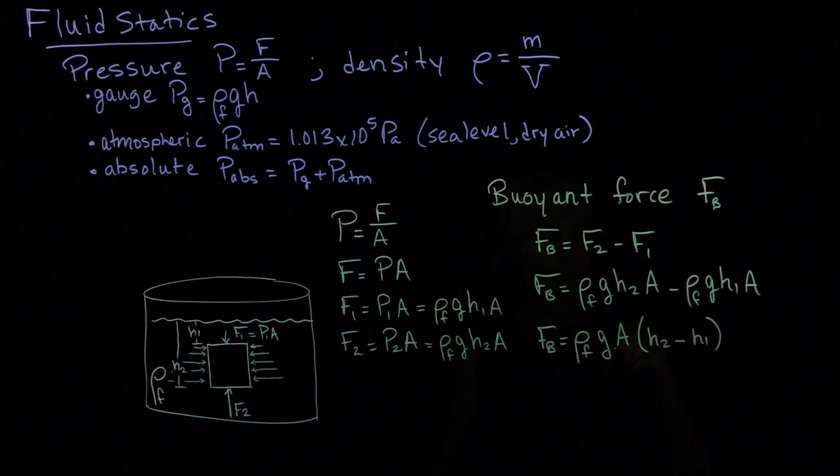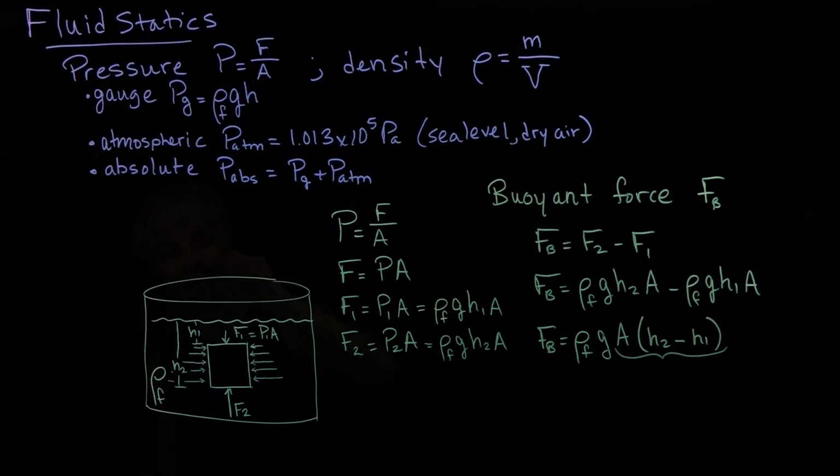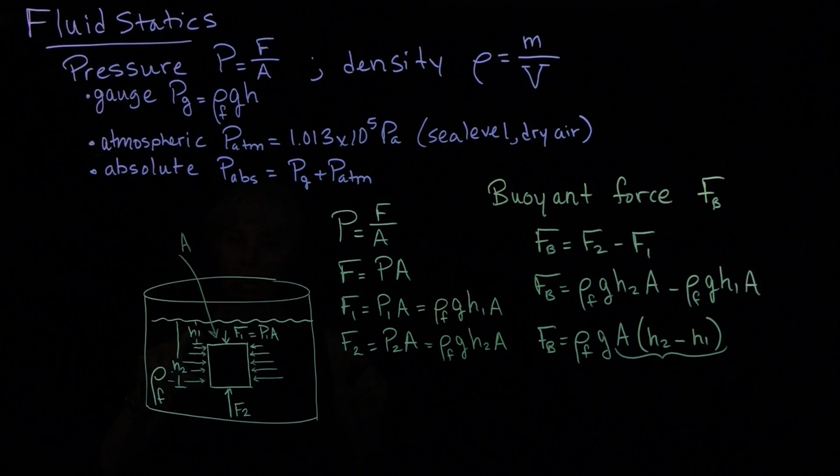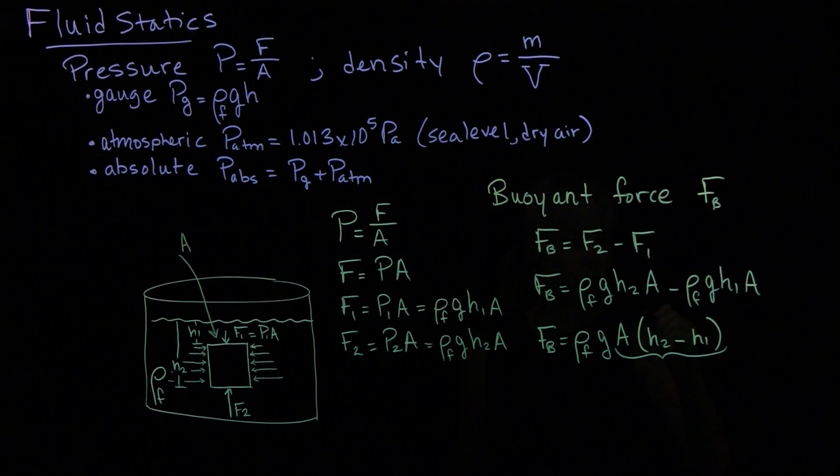Notice that this product right here, the area, and again, this is the area of the object, so that's the area A, times the difference in height is the height of the object. So if I take H2 and I subtract H1, I have the height of the object.